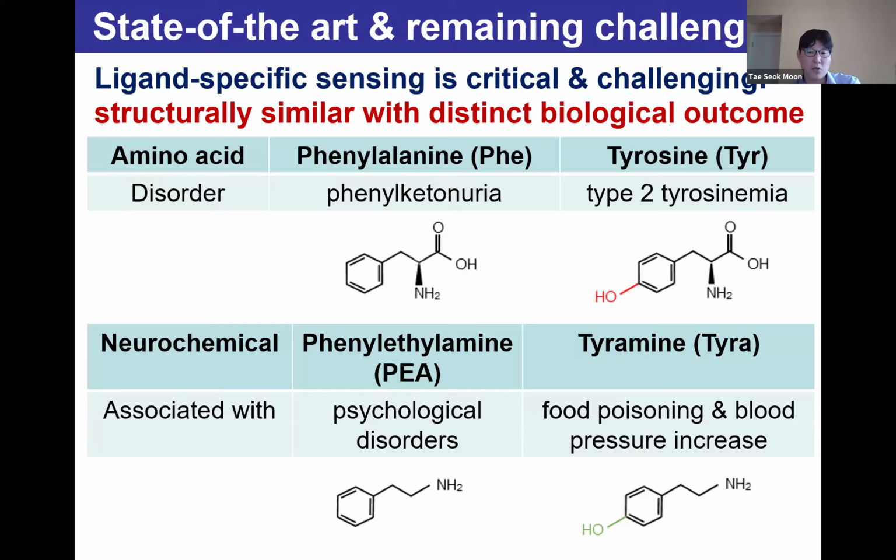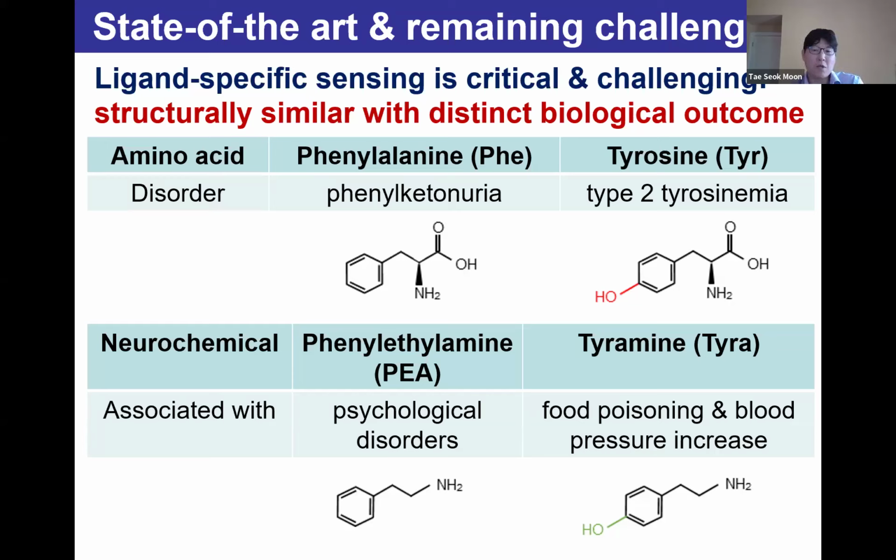I'm giving you two examples here: one is PEA and the other is TYRA. One difference is that one molecule has one oxygen in the aromatic ring, while the other has no oxygen, and that's the only difference between the two. However, the physiological consequences are very different. One of them is just related to food poisoning, but the other is, of course, psychological disorders.